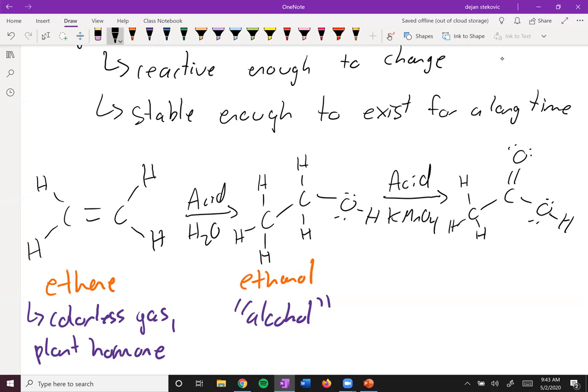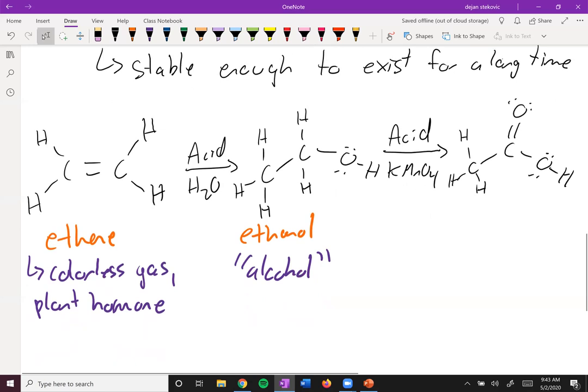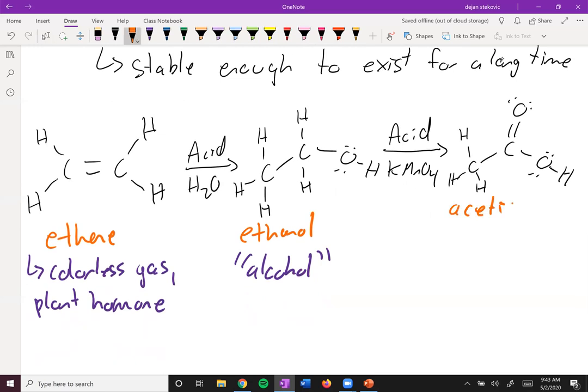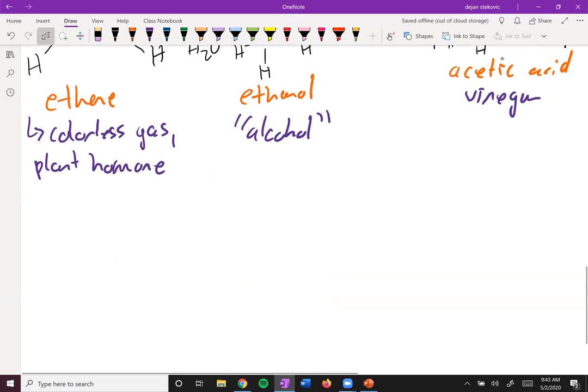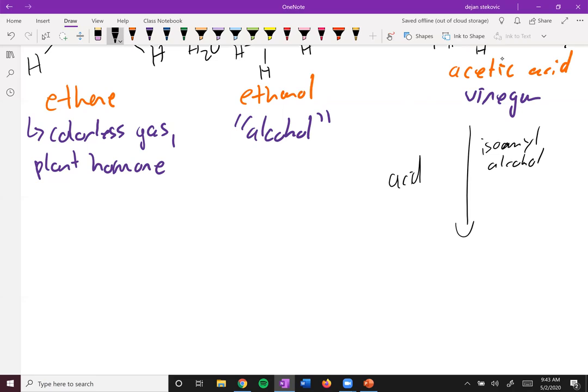And so this might look familiar. This is acetic acid, which is essentially just vinegar. And then if we reacted this further with some more acid and then maybe added some isoamyl alcohol, which looks something like this. I won't draw some of the lone pairs and whatnot.